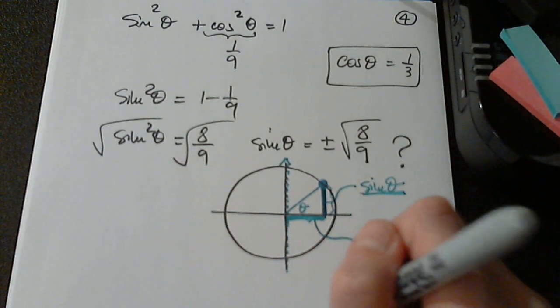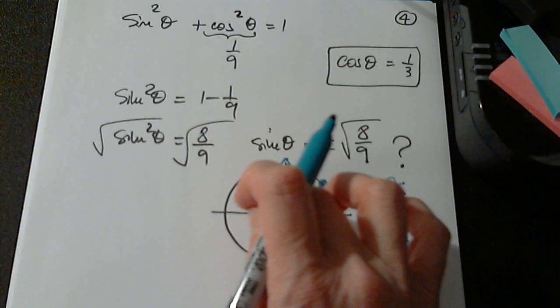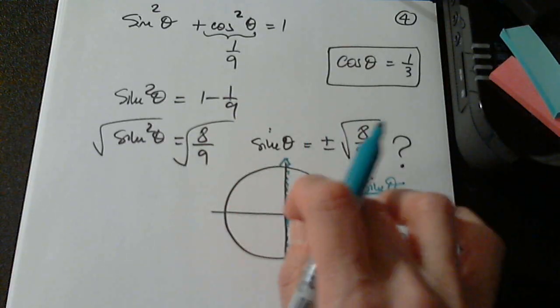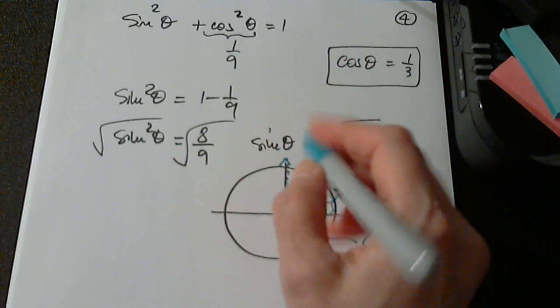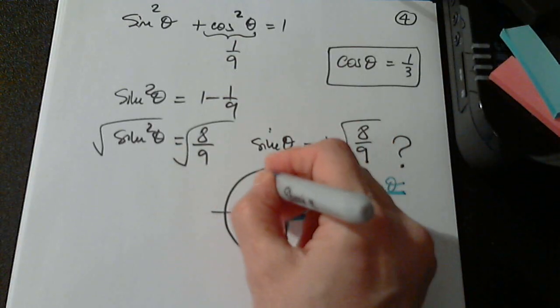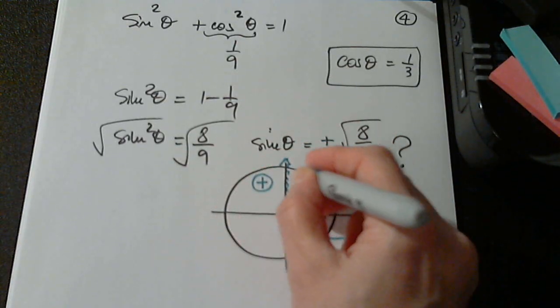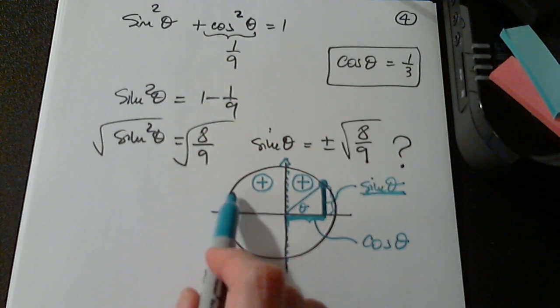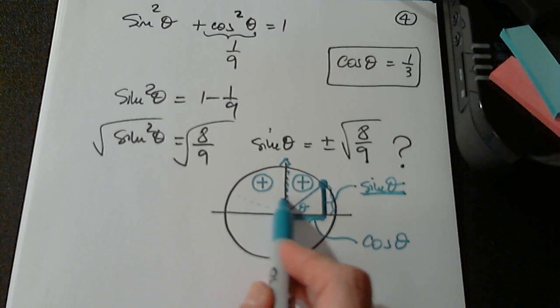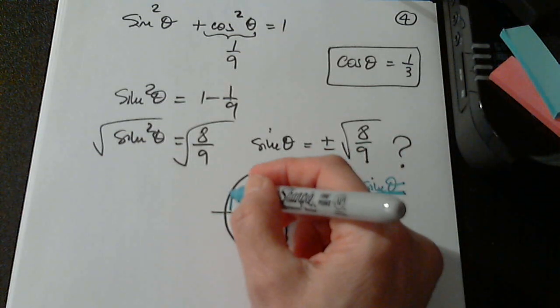If it's measured on the y-axis, angles with the terminal side in the first and second will always have a positive sign. How come? Well, this is positive. And if I have an angle here, the height is still positive.